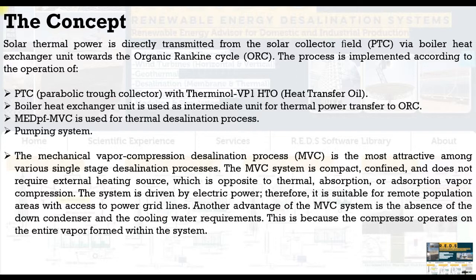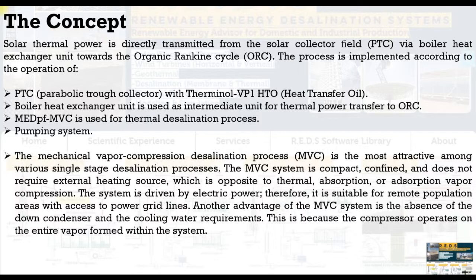The process is implemented according to the operation of a parabolic trough field with Therminol VP-1 heat transfer oil. The intermediate unit is a boiler heat exchanger for thermal power to be transferred to the organic Rankine cycle. The organic Rankine cycle has a turbine unit, a recuperator, because it has a positive slope on the TS diagram, a condenser, and a pumping system.